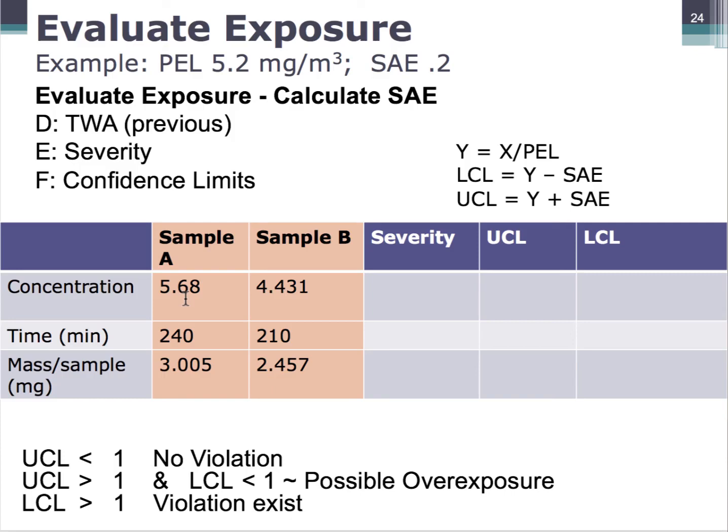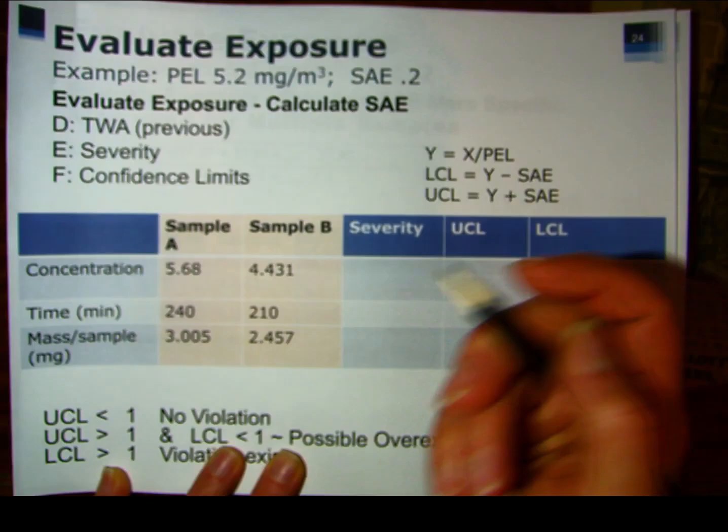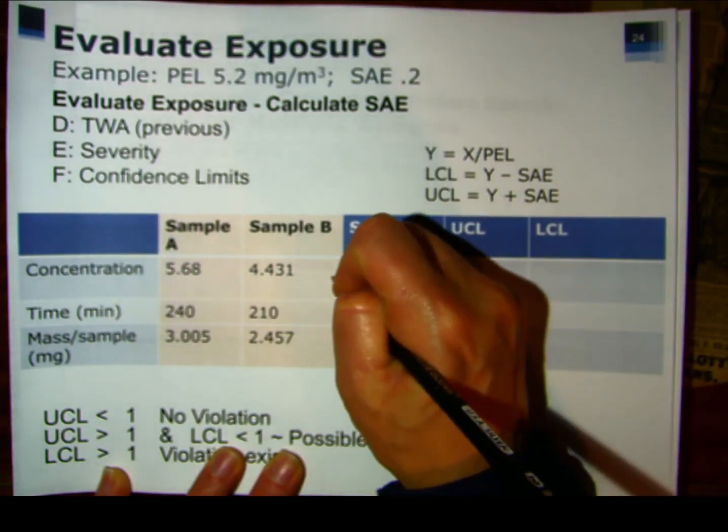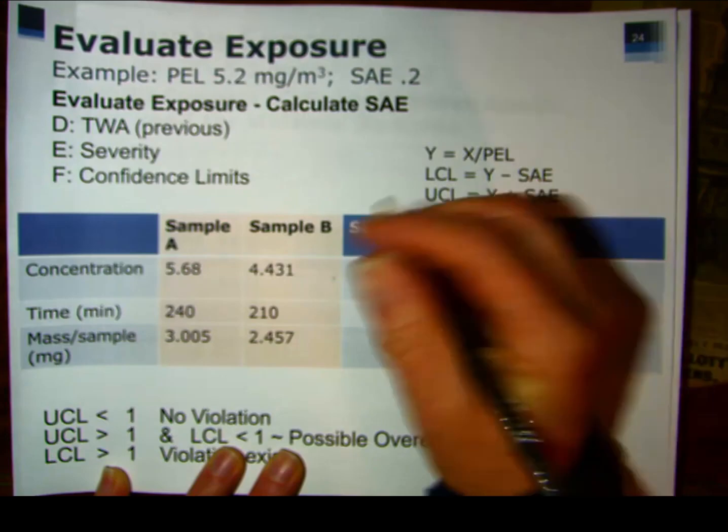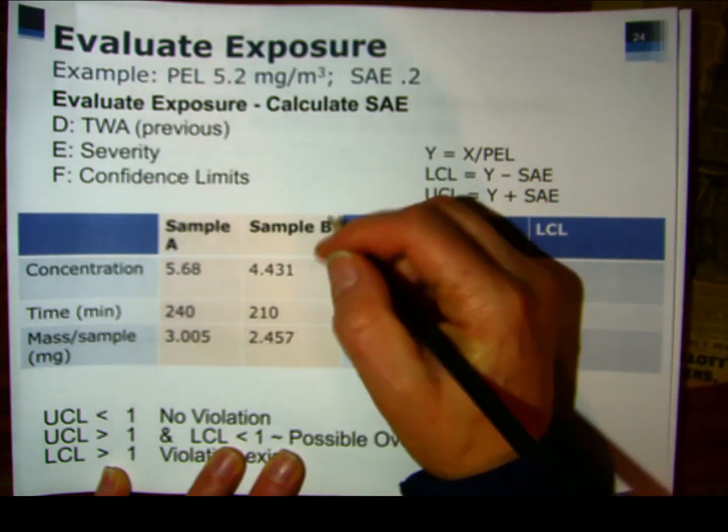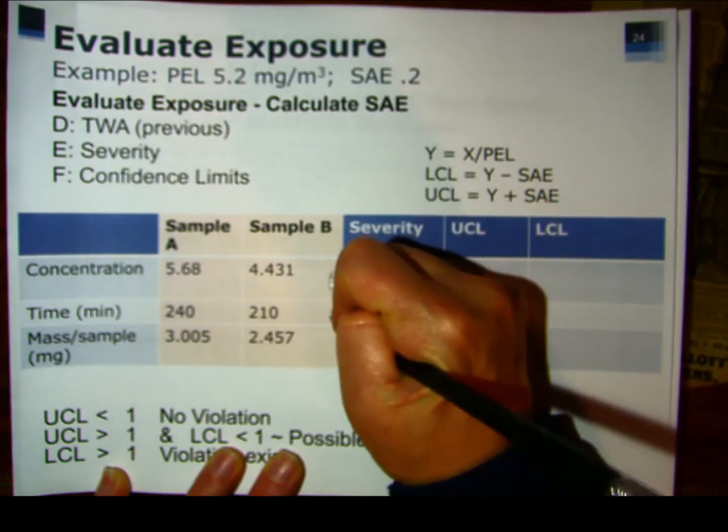My first concentration was 5.68 and my second concentration was 4.431. Okay, so we're going to start with sample A here on the top, sample B on the bottom.